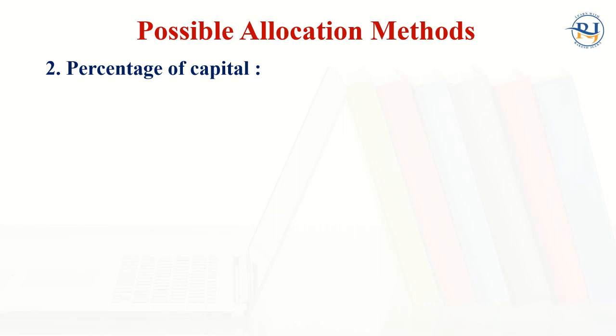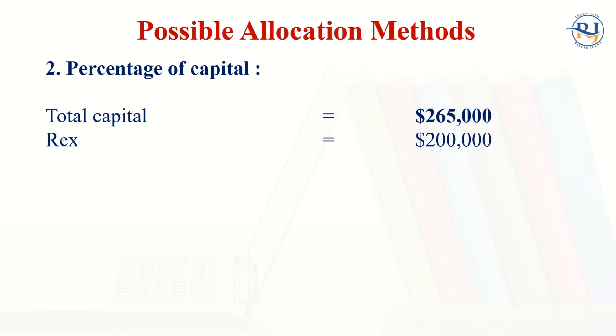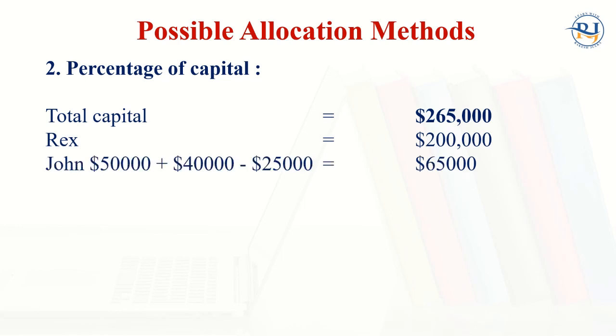Now, the second is a percentage of capital. What is the meaning of this? The capital means that money which is invested by the partners, both partners. Let's say Rex has invested $200,000 and John has invested $65,000. The total is $265,000. On the basis of capital, means percentage of capital, that will be calculated by making the total of these two.